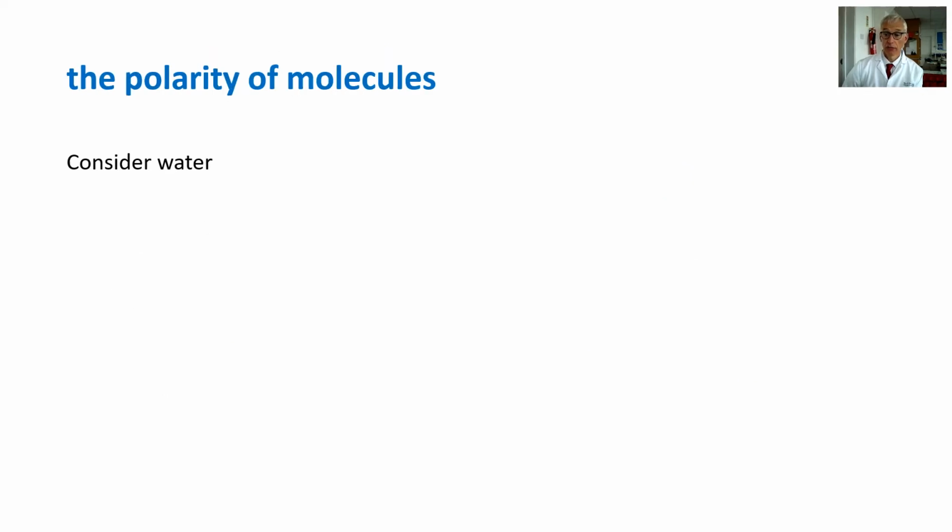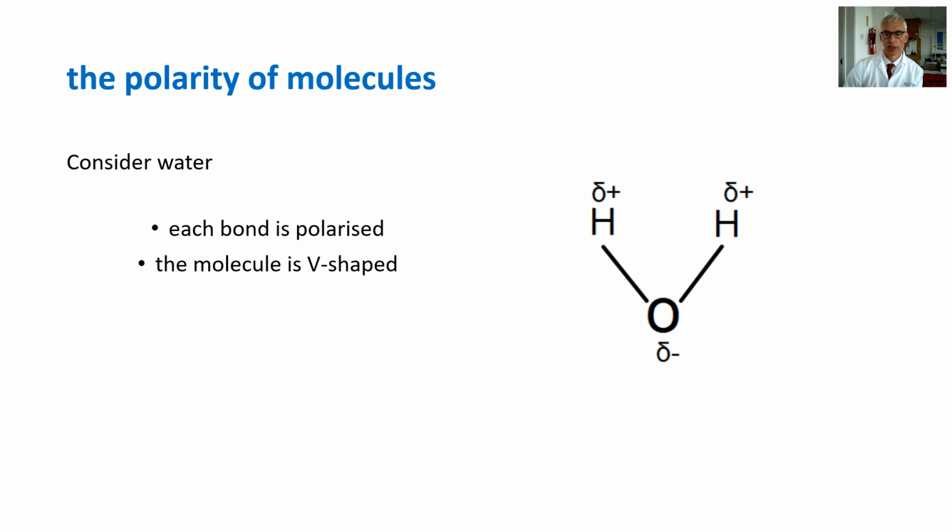Let's consider, in contrast, the water molecule. Again, we've got oxygen and hydrogen. There's an electronegativity difference, so each bond is polarized, and the molecule is V-shaped. So if I produce a diagram, we will see here that the hydrogens, delta plus, are towards, as I've drawn it, the top of the diagram, and oxygen delta minus is towards the bottom.